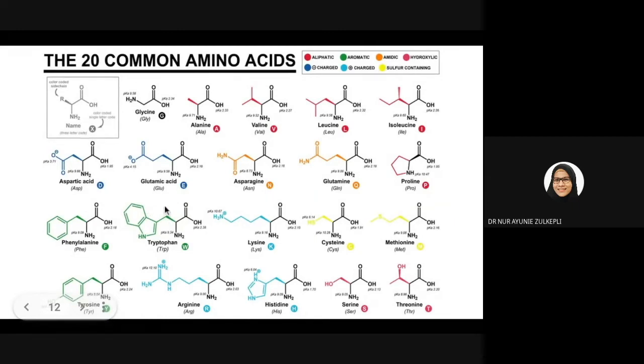So this is tryptophan, phenylalanine, and another one is tyrosine. Three of them have an aromatic ring structure in their R side chain. So you can go back and study the different amino acid structures, and I think you can easily understand each classification based on the R structure. Okay.